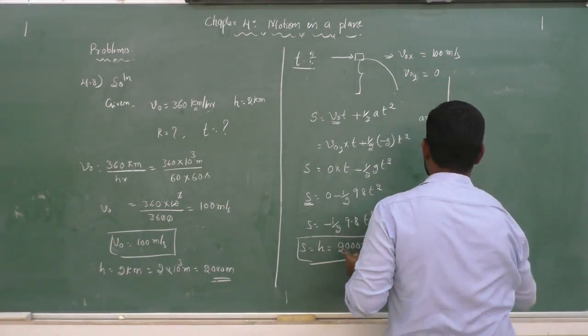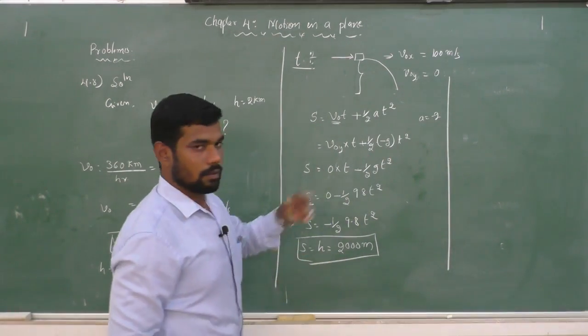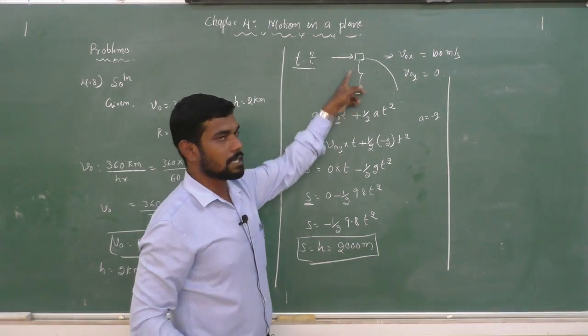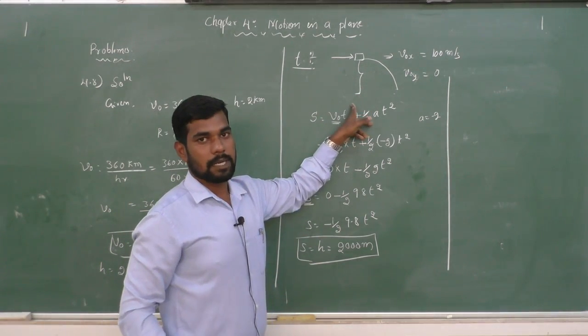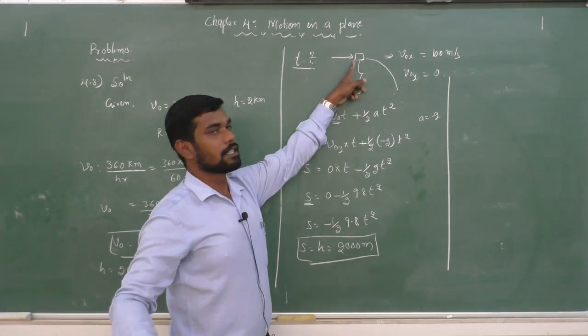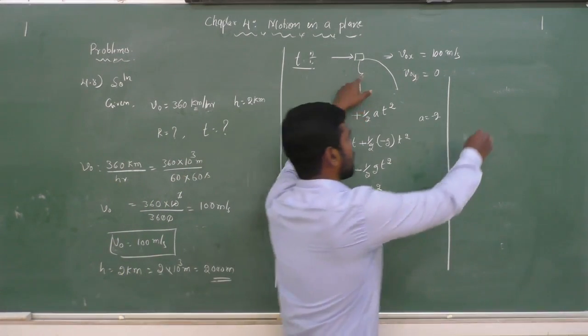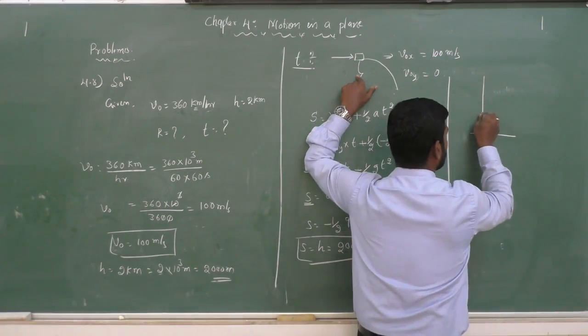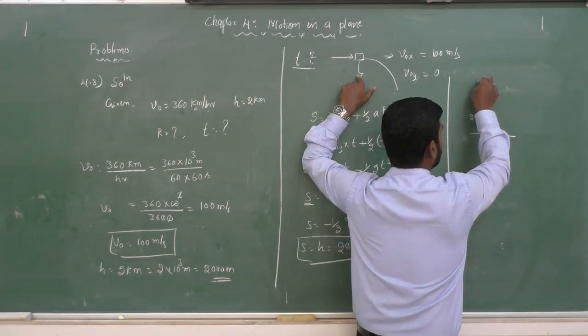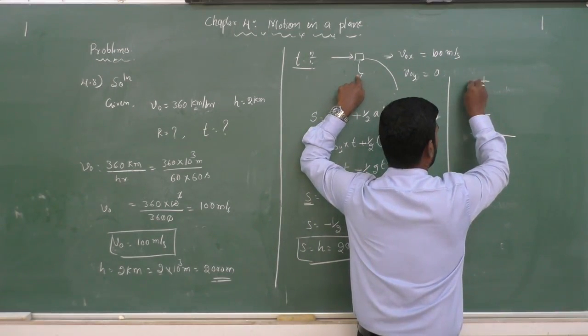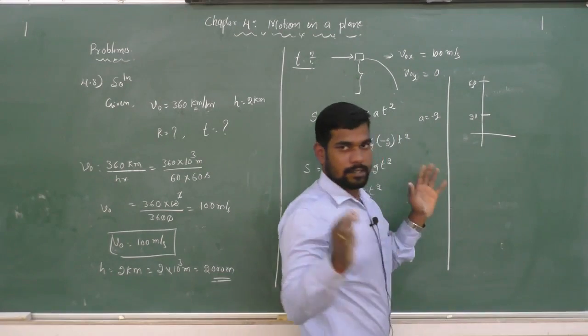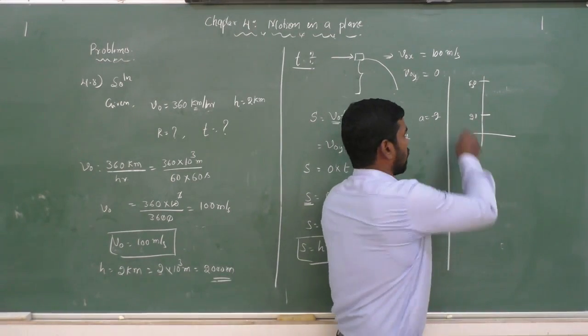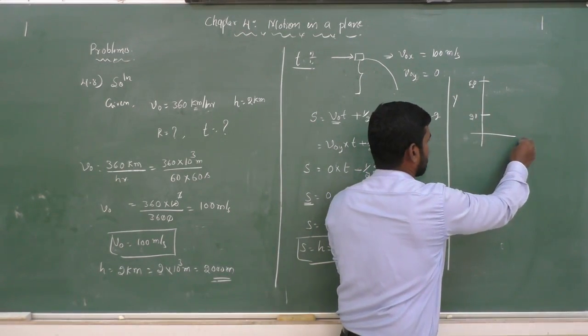Why is it minus? Whenever you find the displacement, how do you find it? Final position minus initial position. Just consider an example. Here the initial position is 50 meter and the final position is 20 meter. Here it is the y direction, this is the x direction.